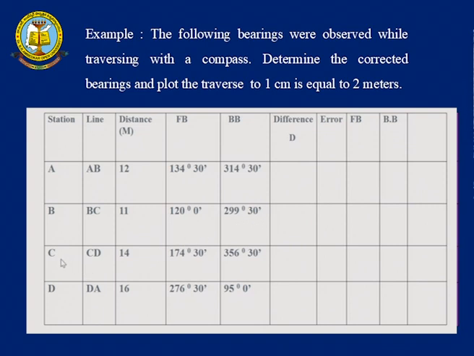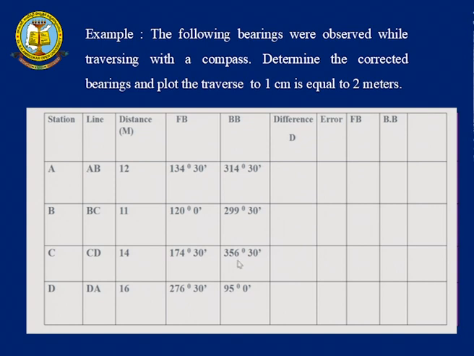Then move to station C. From station C you observe the distance to station D, and also the bearing, and the bearing is 174 degrees 30 minutes from station C to station D. Note down this reading, and again from station C you have to see the back bearing from C to B.